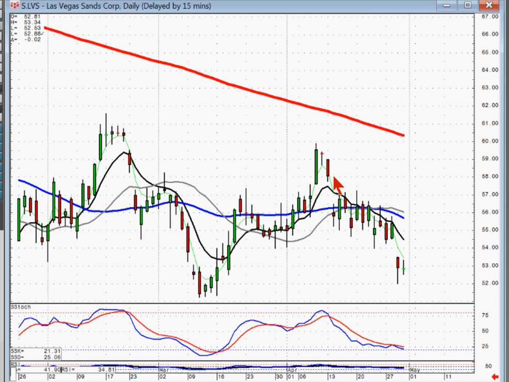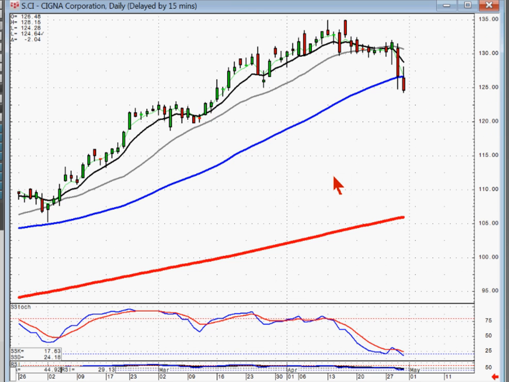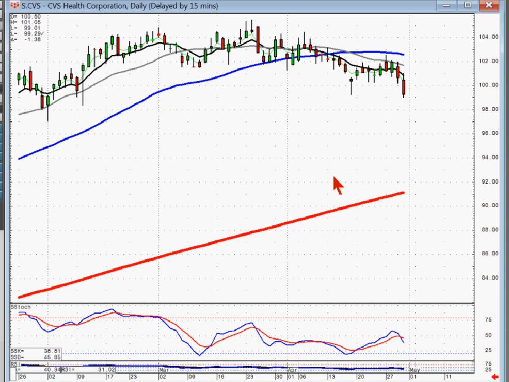Las Vegas Sands, you stay short until you see a buy signal. CI, stay short until you see a buy signal. CVS, another one. There's your slow curve.